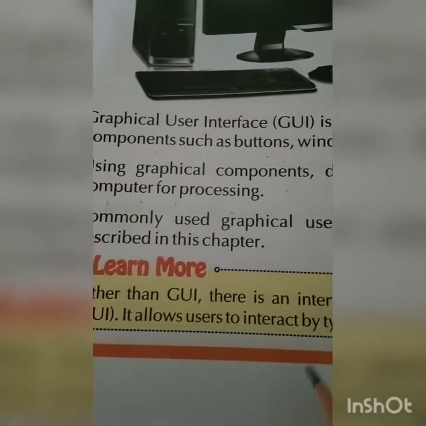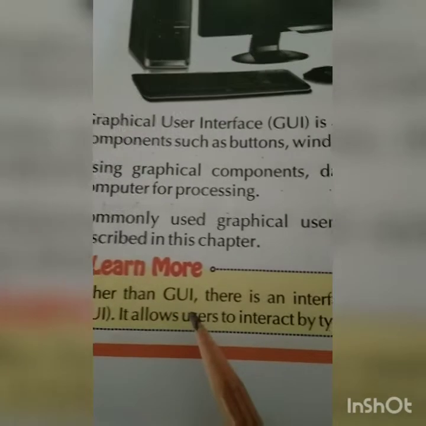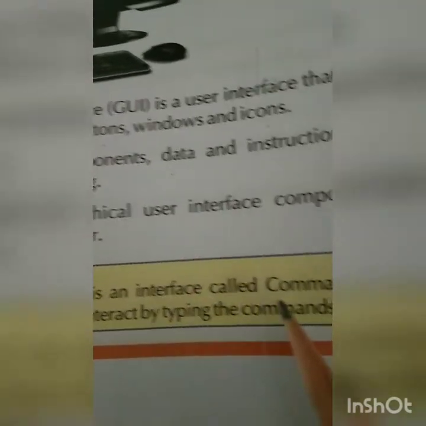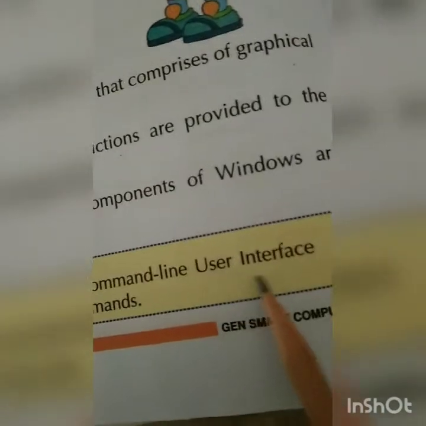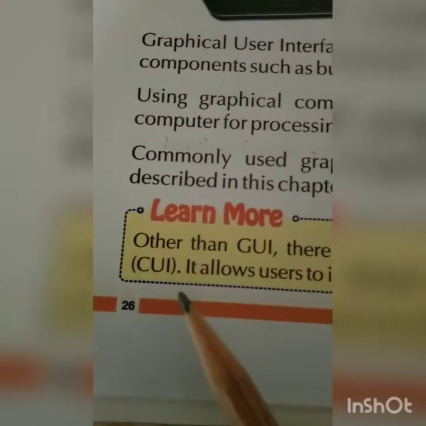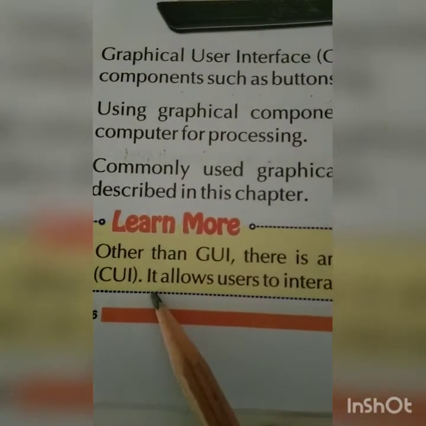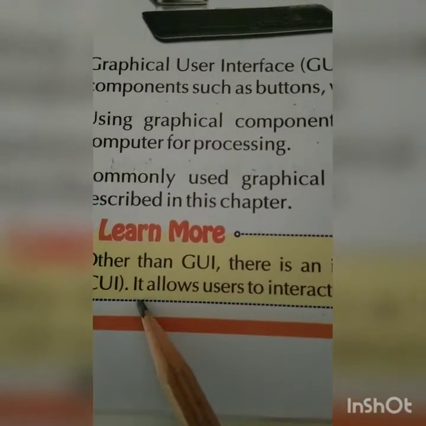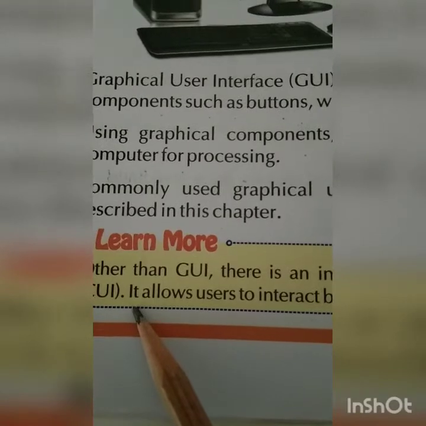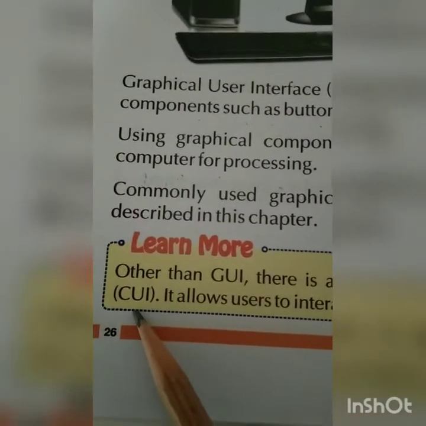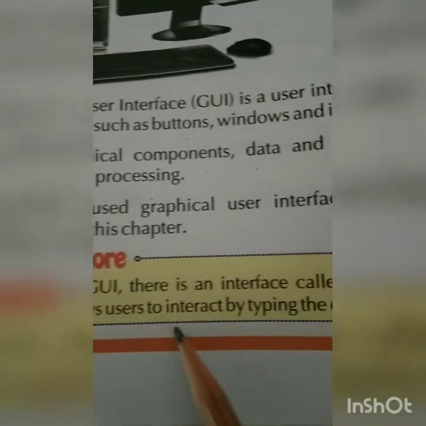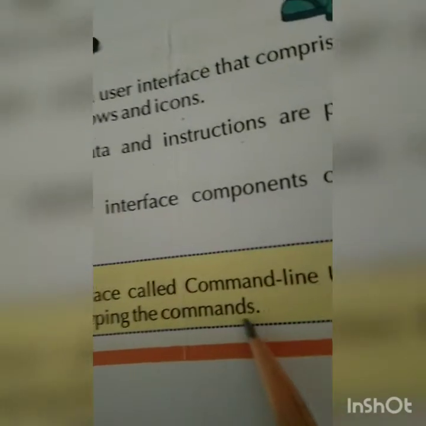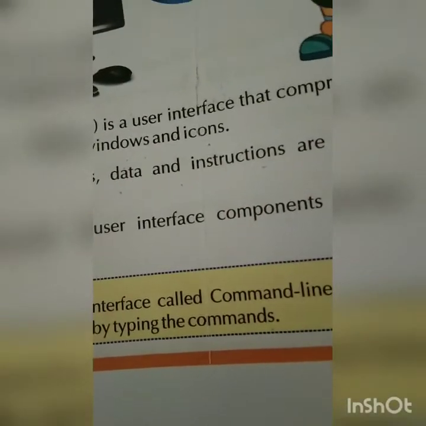In the pink-yellow box it is given: other than GUI, there is an interface called the command line user interface, CUI. It allows users to interact by typing commands. You have to type a few commands, so we will learn which commands they are.